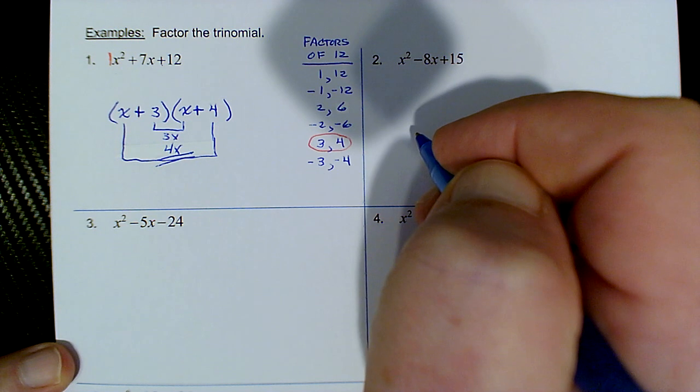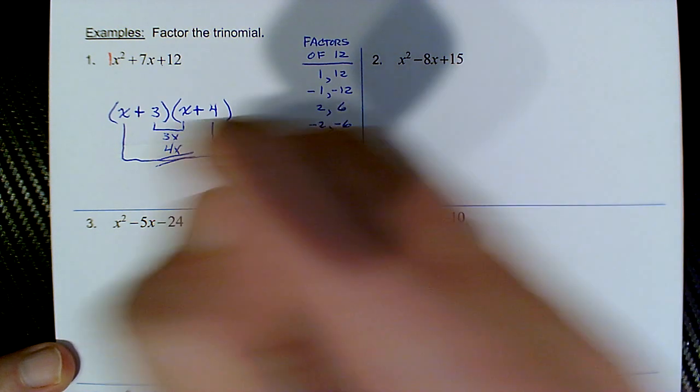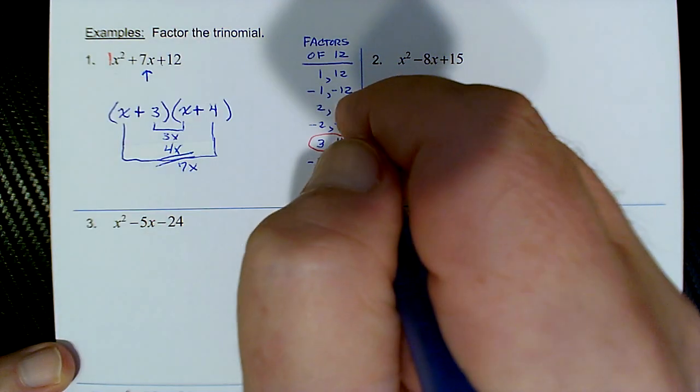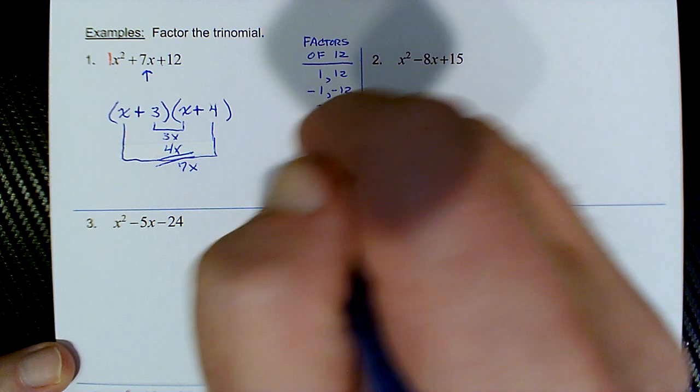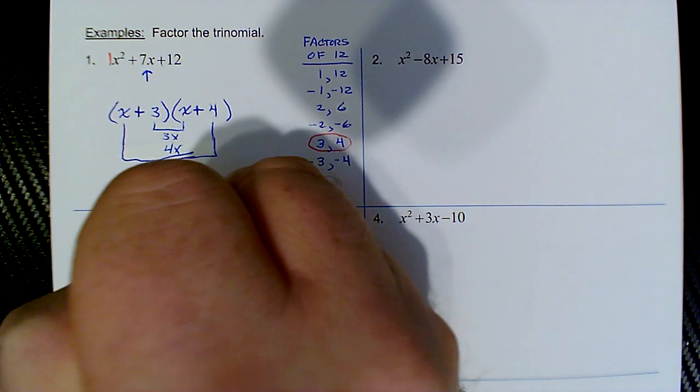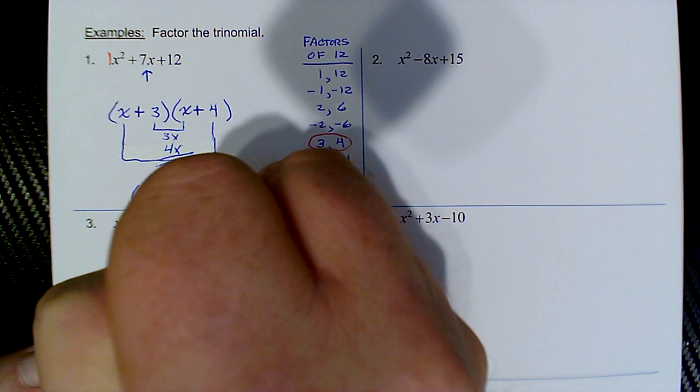I'll put a double line there, and if we combine those, we get 7x, and that's what we're looking for, for the outers and inners to combine to give us that. So therefore we know the correct factorization is x plus 3 and x plus 4.